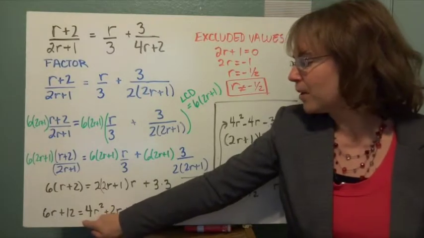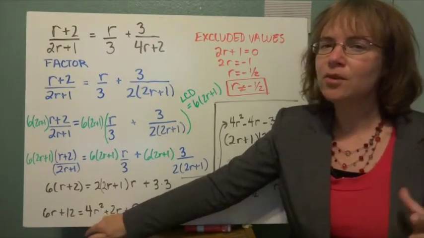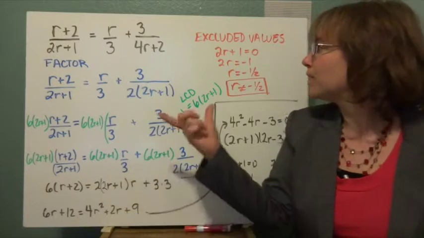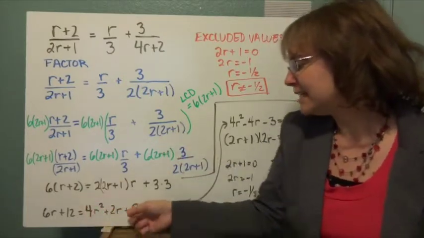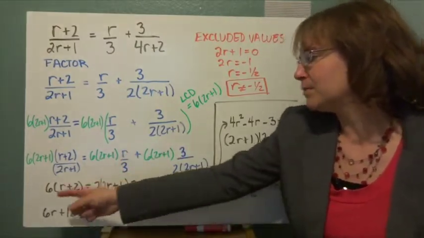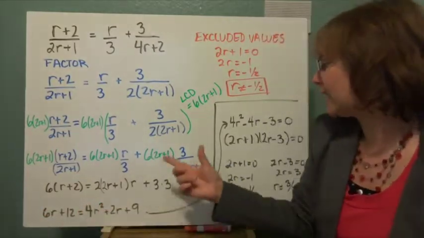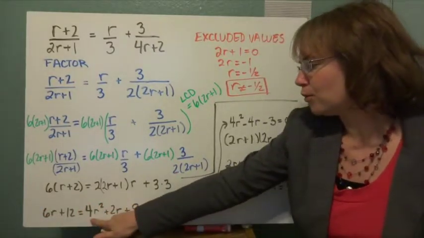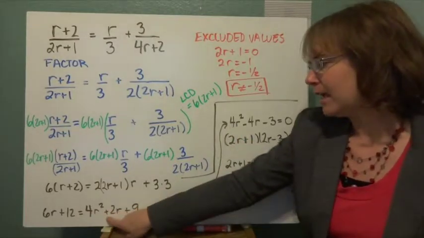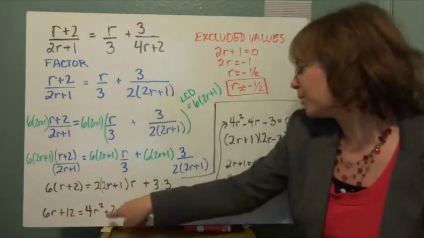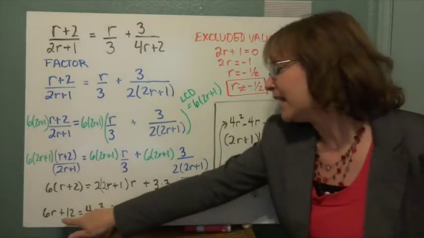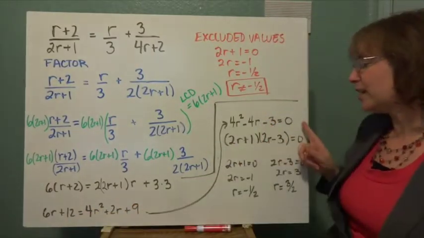In order to solve a quadratic equation, one of the easier ways to do it is to use the zero product property. So I'm going to go ahead and set it equal to 0 by subtracting 6r and 12 from this side of the equation, so I get a 0. So I have a total of 4r squared, and then subtracting that 6r from both sides, minus 4r, and subtracting 12 minus 3 equals 0.